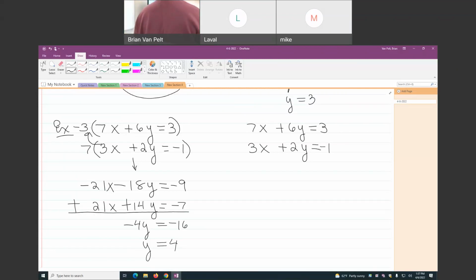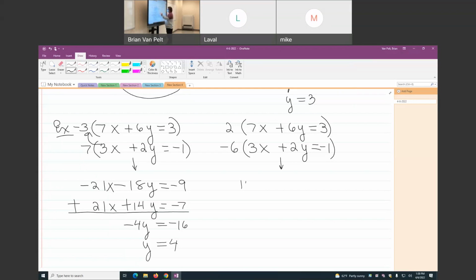Can you tell me what I could multiply by to make that happen? The top one is 2 and the bottom one is 6, so that when you multiply through, you get 12y for both of them. Which one do you want to be the negative? It really does not matter.